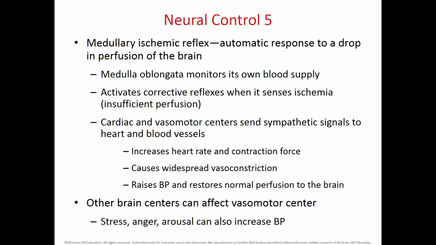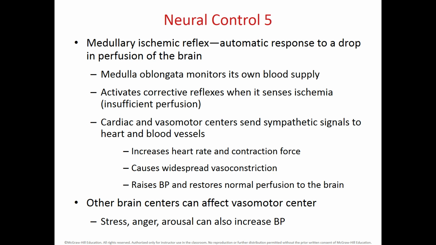Another mechanism of neurocontrol is what we call the medullary ischemic reflex. So when you have a drop in the blood pressure, you will have a drop in the blood flow to the brain, so your brain will receive less blood flow. And we have within the medulla oblongata receptors that can detect its own blood supply. When you have reduced blood supply, you will activate reflexes that are going to correct the situation.